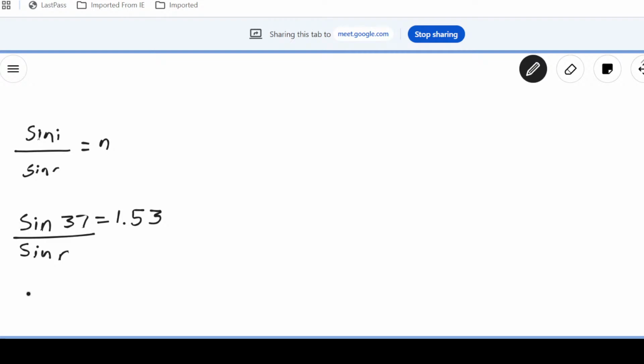The way they're writing this question is so wrong, but anyways, we can proceed. Calculate the critical angle for the blue light. Again, it's not for the light itself, it's really for the medium.